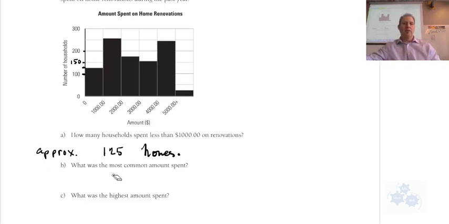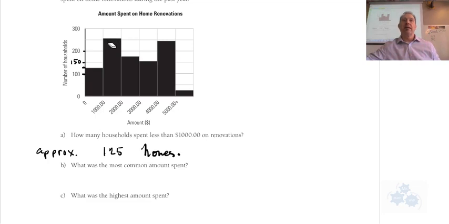Okay, let's go back to the first question. How many households spent less than $1,000? That's between 0 and 1,000. We said 125. Why did we say 125? Because we were focused on this bar. So between 0 and 1,000, 125 homes did that. So, what was the most common amount spent? We said it was this bar. It has the highest, this is the highest bar.